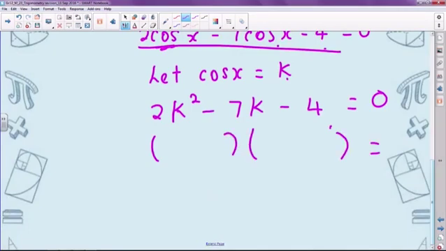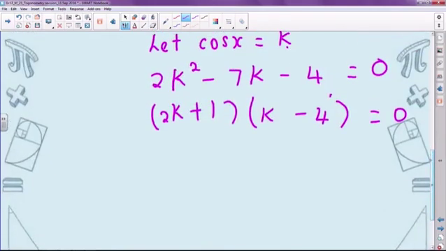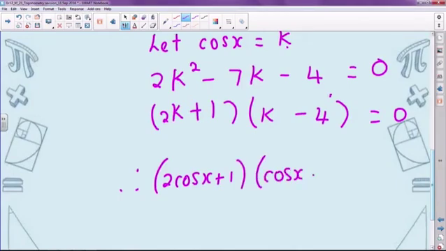Okay, we can factorize that into 2k times k, with 4 and 1, minus 4 in the one bracket plus 1 in the other. So that's your factorized form. We now can replace k with what it represented, which was cos x. So we will end up with 2 cos x plus 1 times cos x minus 4.